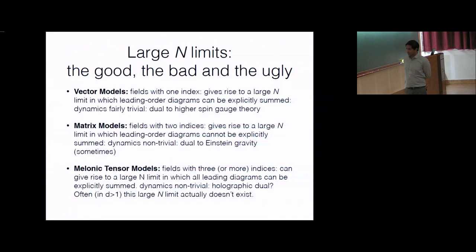We do not know much about its holographic dual, although Vasily talked yesterday about possible holographic duals for free tensor models. It would also be interesting to derive duals for interacting models, which is the more important question.